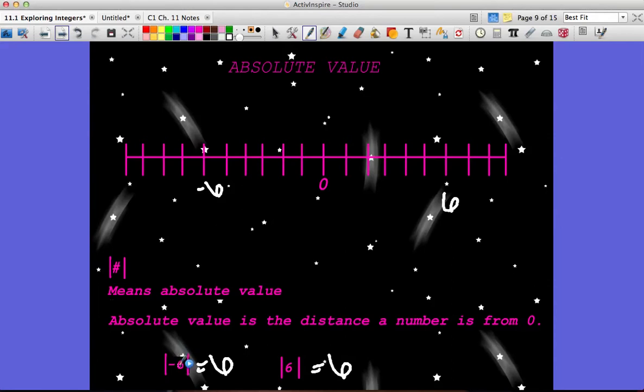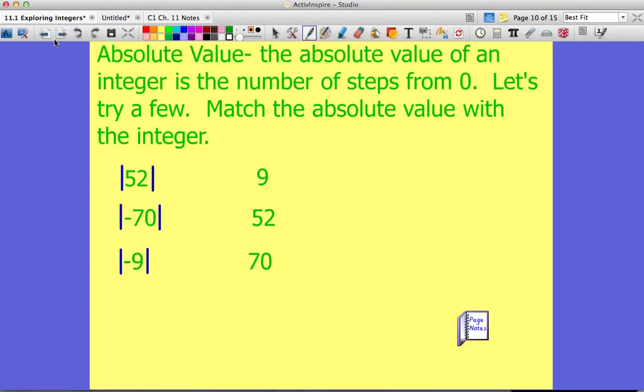So if the absolute value of negative 6 is 6, then you know that a positive 6 has an absolute value of 6. Right, so I want you in your notes to try and match these absolute values up with their answers, and when you come back, we'll check your answers.